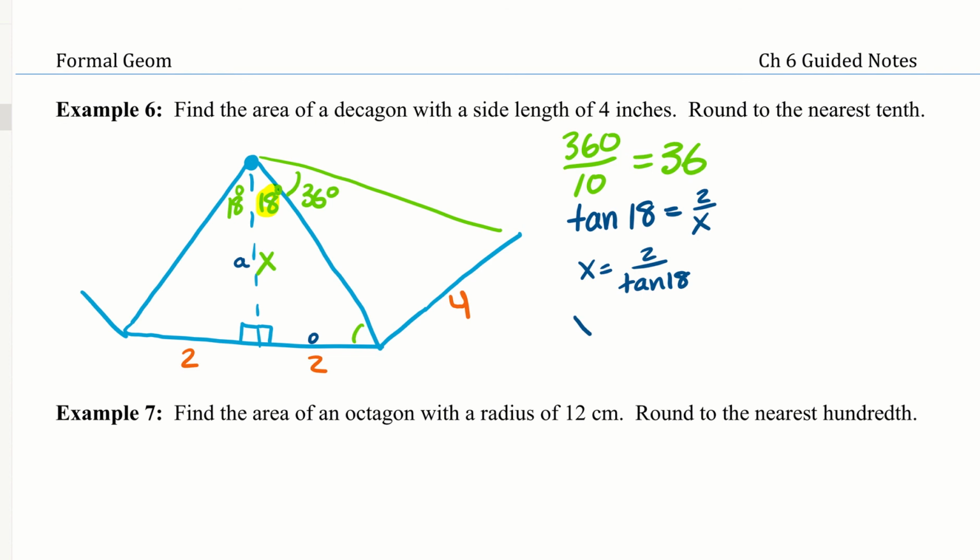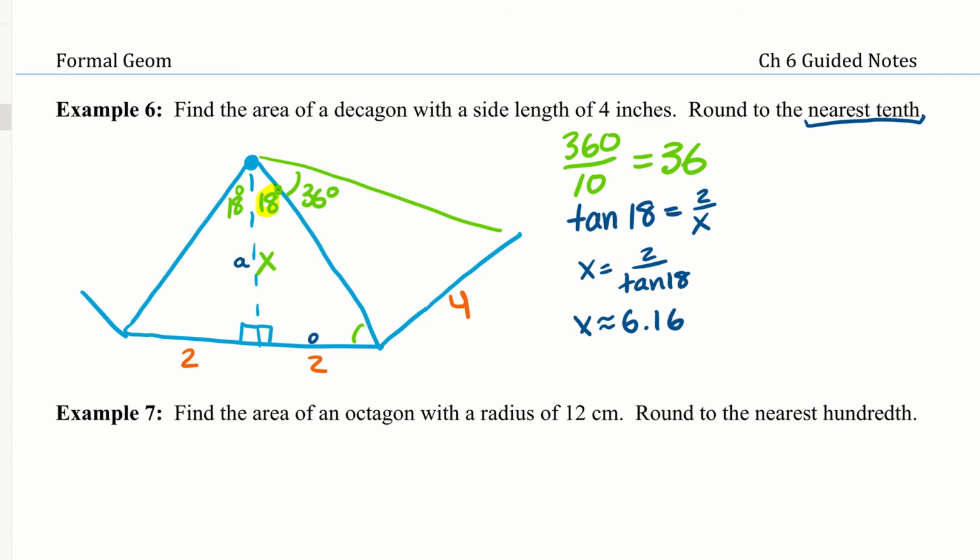And that's going to give us that x is about equal to 6.16. I'm going to take this to 2 decimal places, even though it says round to the nearest tenth, because my final answer is going to be rounded. I want to keep some more decimals to start with, so it gives me a more accurate answer towards the end.